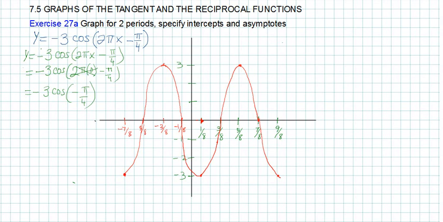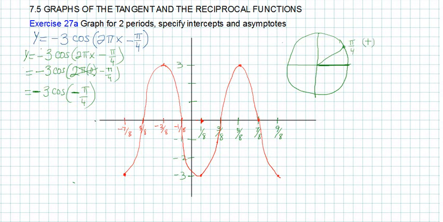And here's the tricky part. You would think that the negative and the negative turn into a positive, and then you say, well, I can clearly see that my y-intercept is negative. It's not positive. How can that be? Well, check this out. If you have the angle pi over 4 in a unit circle, the cosine is actually x, so it's positive.